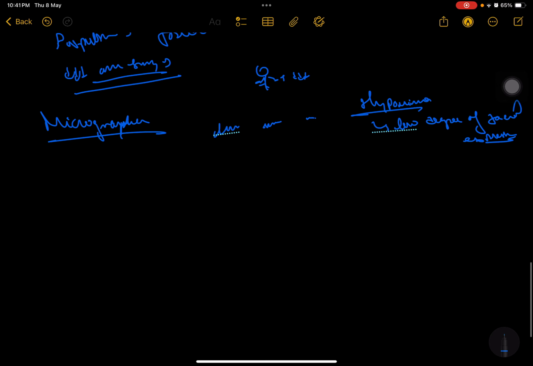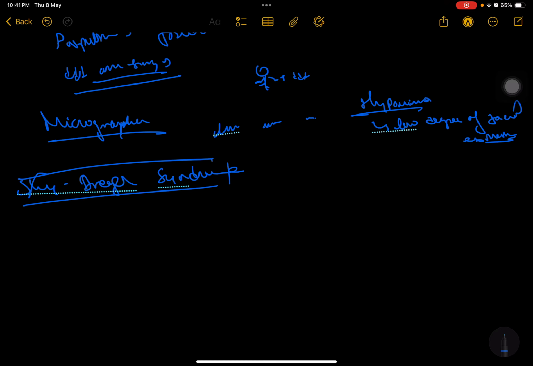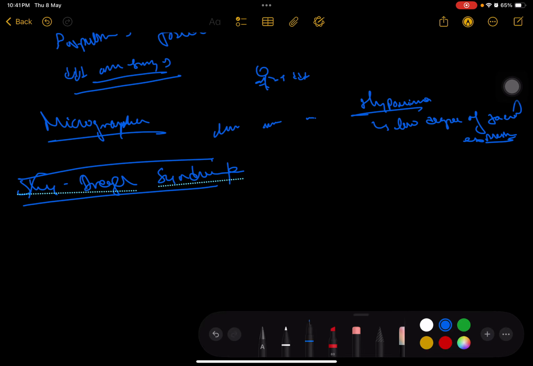Next is Shy-Drager syndrome. What is Shy-Drager syndrome? You need to remember all these words. Shy-Drager syndrome means Parkinsonism with autonomic features.